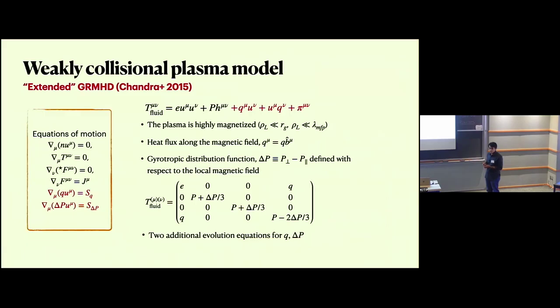There's a very rich literature about relativistic dissipative fluids, and there are many ways to derive these equations. This follows one of those formalisms, and if you're interested, we can talk more about it.